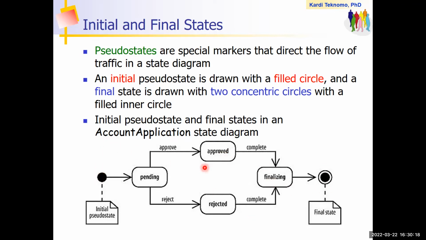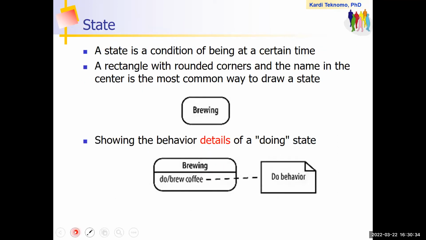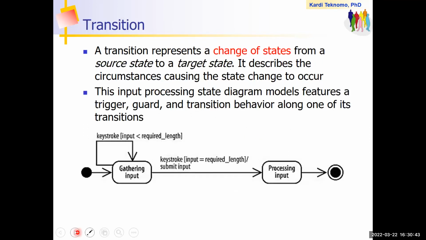This is the initial and final state. And then you put all the states of the system in here, and how the state of the system changes to another state using the transition arrow. Okay. So you can draw a state diagram to represent your system as well.